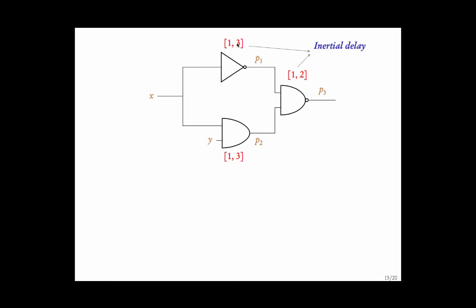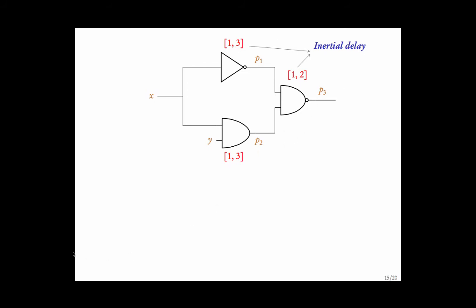Moreover, within 3 time units, it will change. For example, suppose this is 0 and this is 1. Suppose x becomes 1. Then P1 does not become 0 immediately. The system is like this, 1, 1 for at least one time unit. And between 1 and 3 time units gap, the output changes. That is what this inertial delay means.